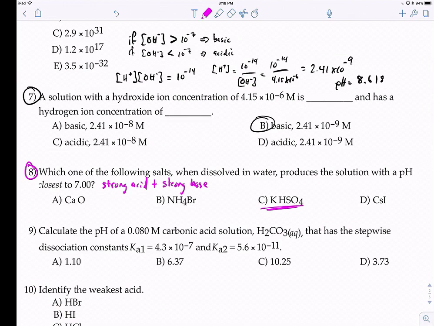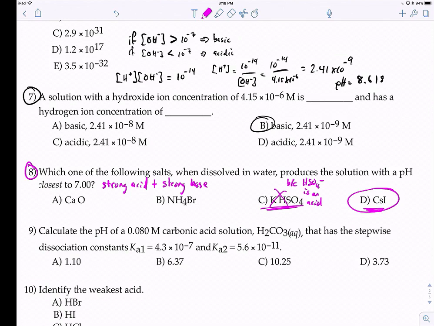We have the potassium bisulfate, or potassium hydrogen sulfate, and cesium iodide. Now, it's not the potassium bisulfate because HSO4 minus is an acid. So it is D because it is the neutralization reaction of cesium hydroxide and hydrogen iodide.